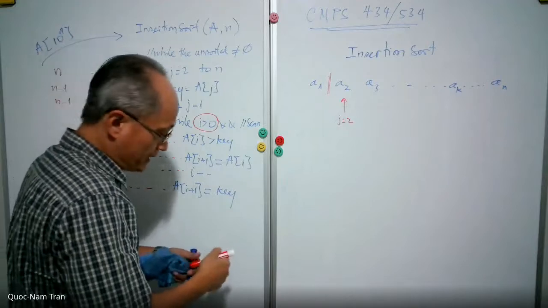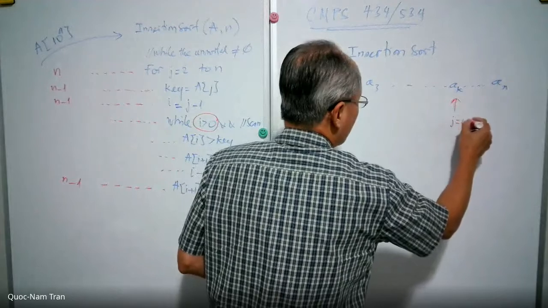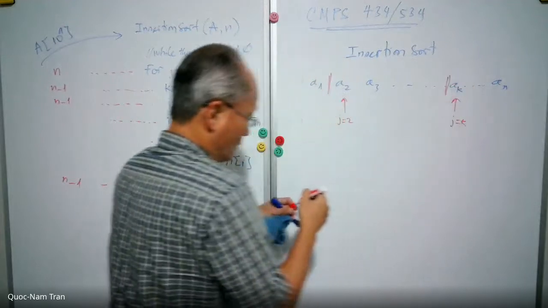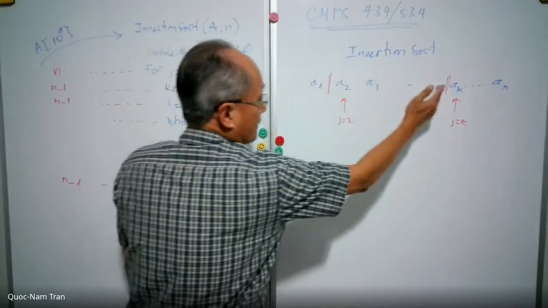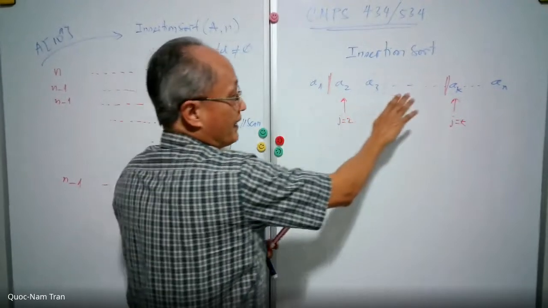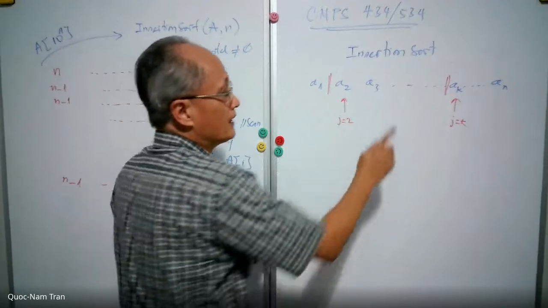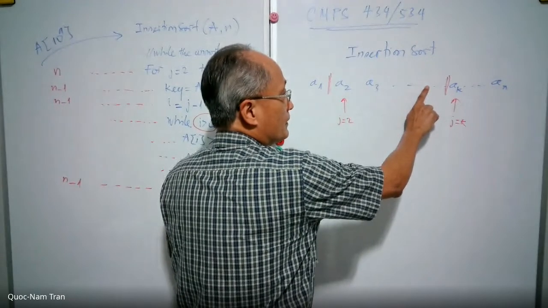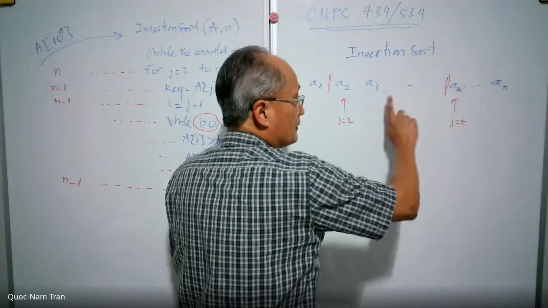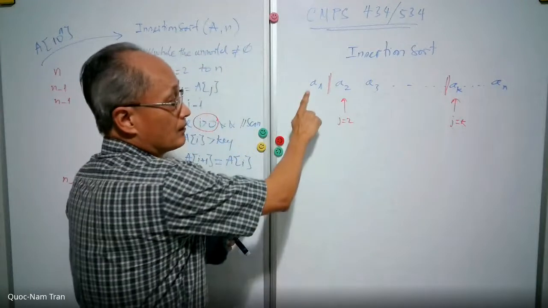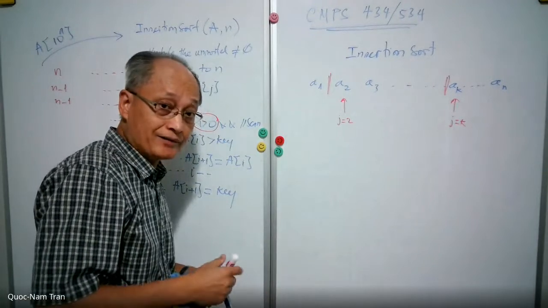Generally speaking, when j is k, we have to insert a k into the list that is sorted before. Then we have many different situations. The value can be moved to the right 1 time, 2 times, 3 times, or k minus 1 times, depending on the values we have, right?